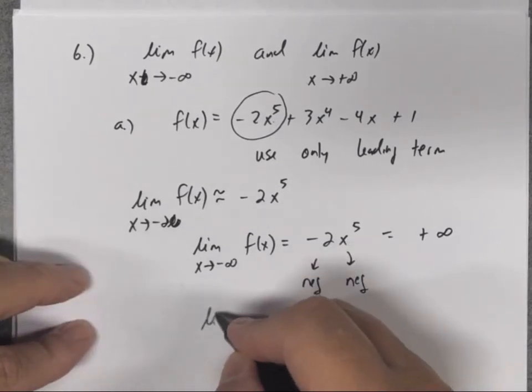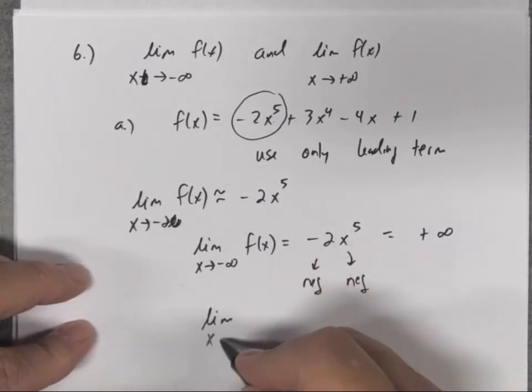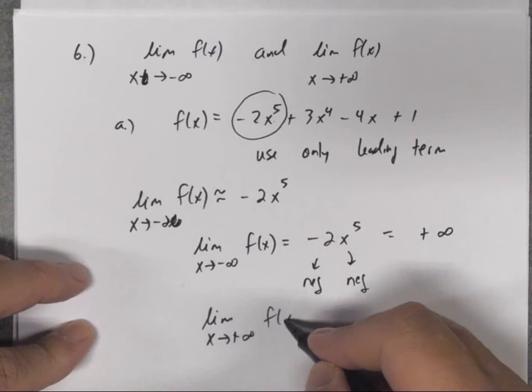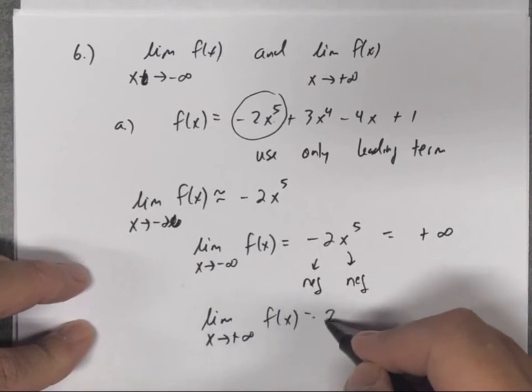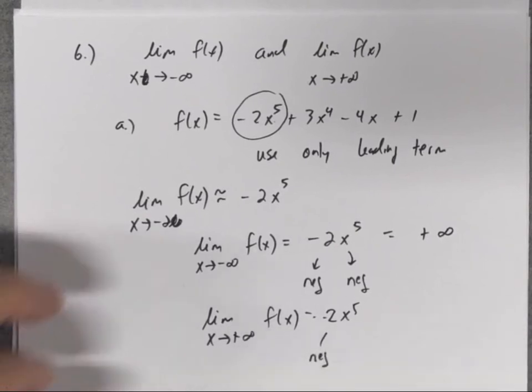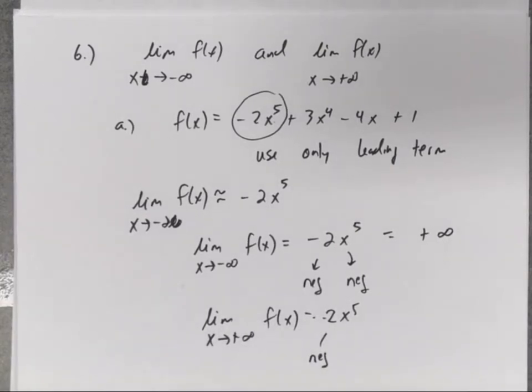Now what happens when we take the limit as x approaches positive infinity? Well, in this case, the negative 2 obviously is always negative.